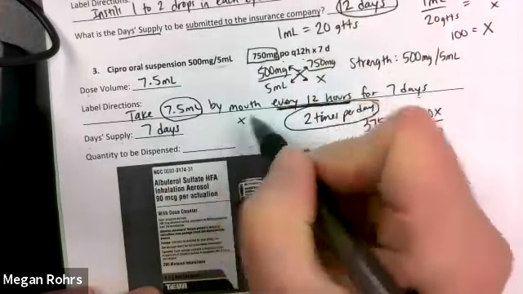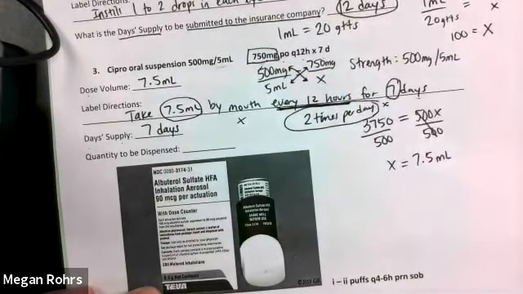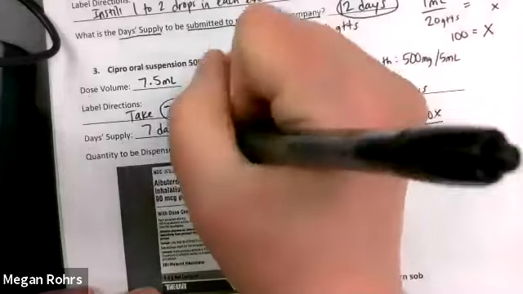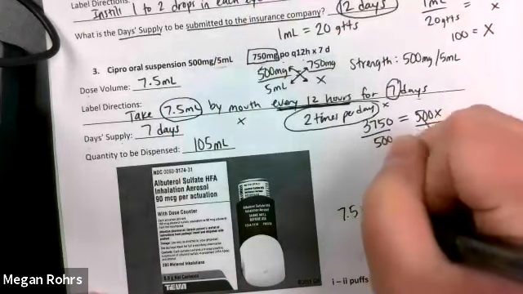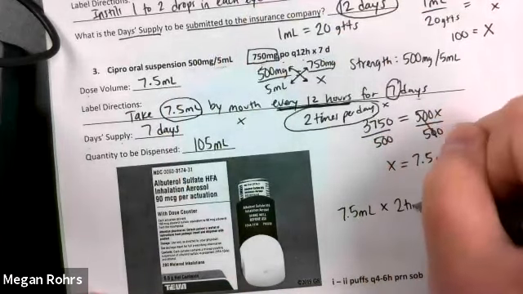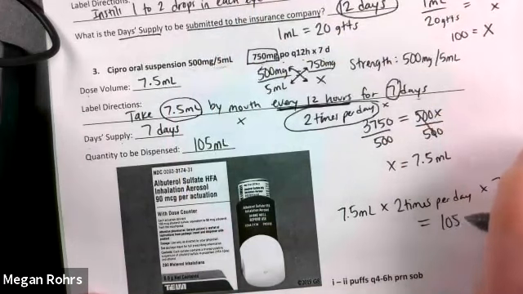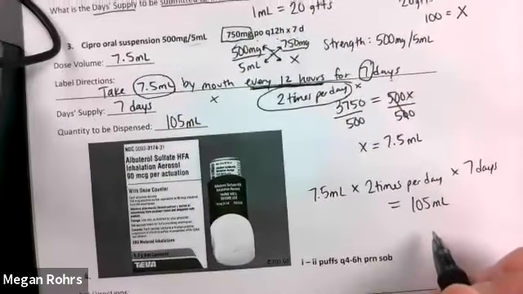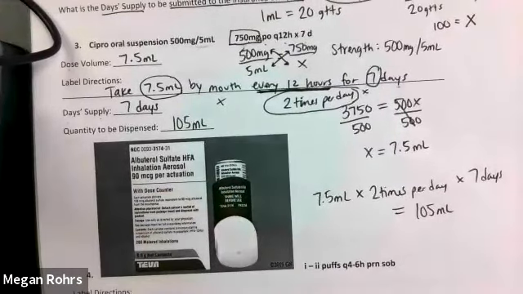So 7.5 times 2 times per day times our 7 days: 7.5 times 2 is 15, times 7 gives us 105 milliliters. That's our dosage, which is also the quantity we need to dispense.